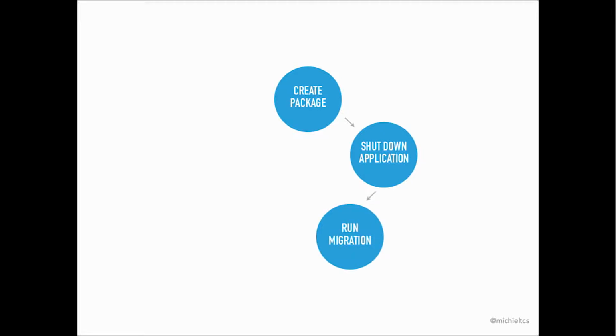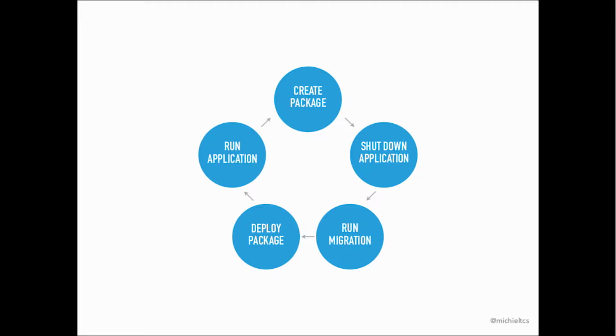Let's take a simple application. We create a package of that application. We shut down our existing application. We run a migration. We deploy the new package, and we run the application again. This is how database migrations usually go, right? The database migration and the code to use it are packed into the same commit usually, deployed together.